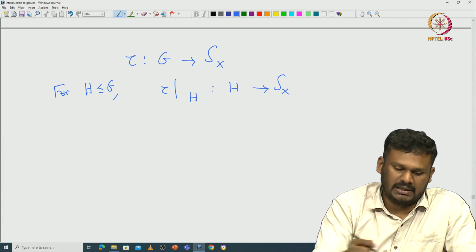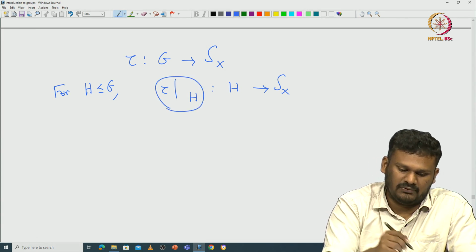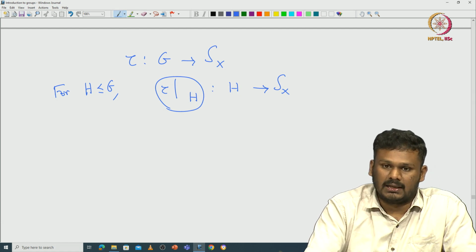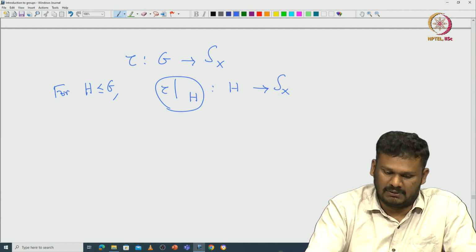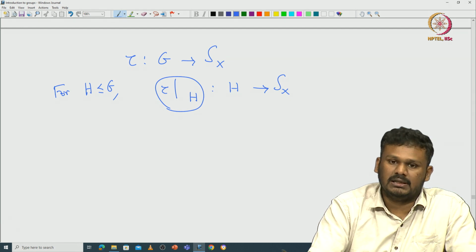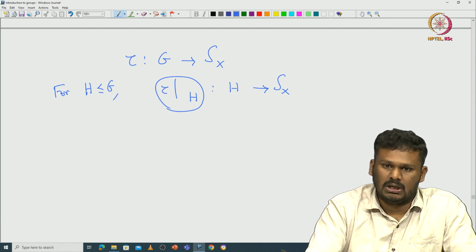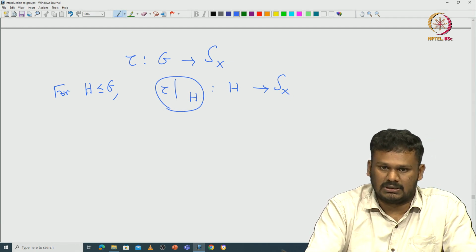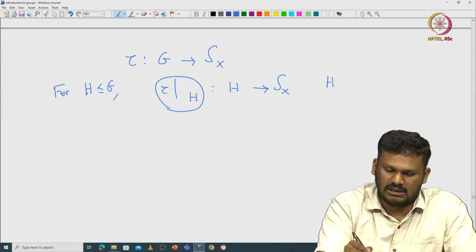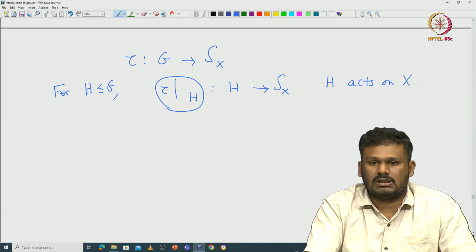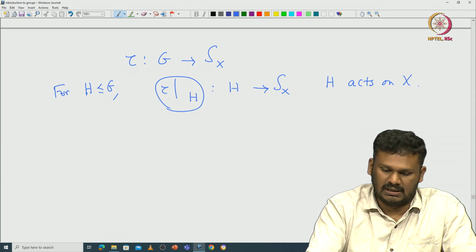With this restriction, we get a restriction action on capital X. So, basically G is acting on capital X, and you are restricting that action to H. From this you can see that H also acts on capital X. This is also something very important, we will see later.